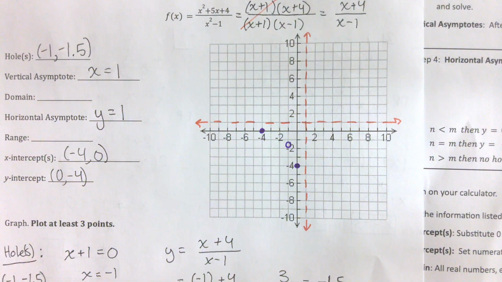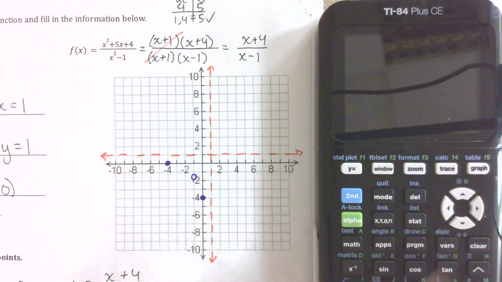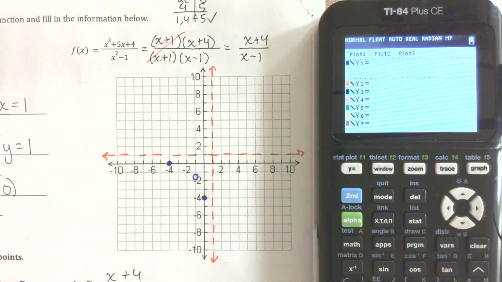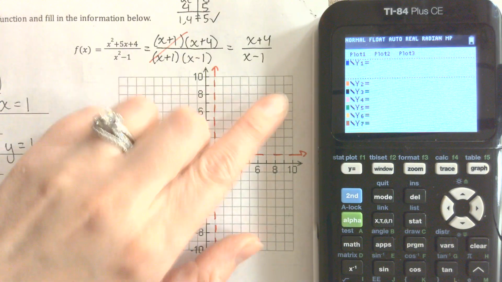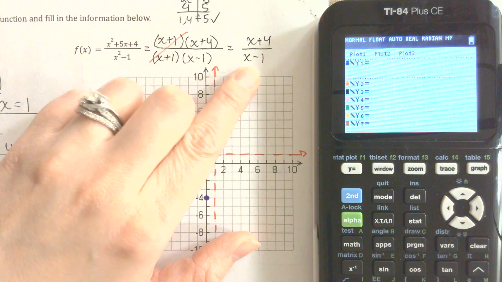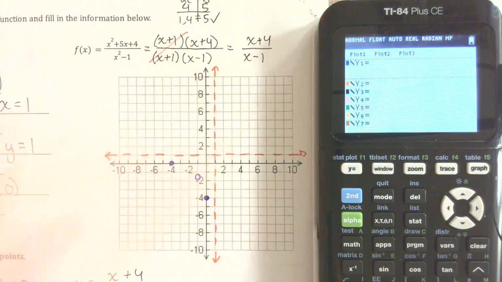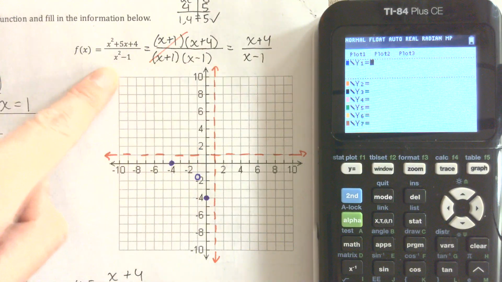So without the calculator, you can already kind of see the shape of this forming. Let's look at the calculator to get the rest of the graph. When you graph this, you need to graph the original equation. The new equation here is to help us find things by hand without the help of a calculator. But at the end of the day, this is a different kind of graph from the original.